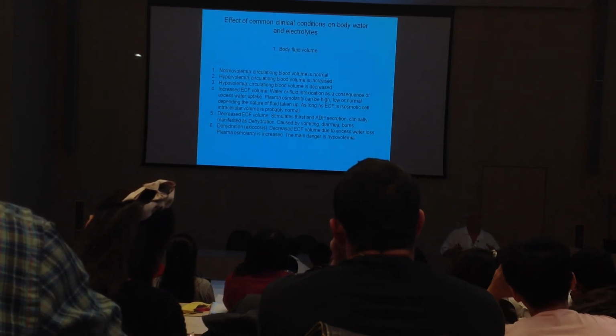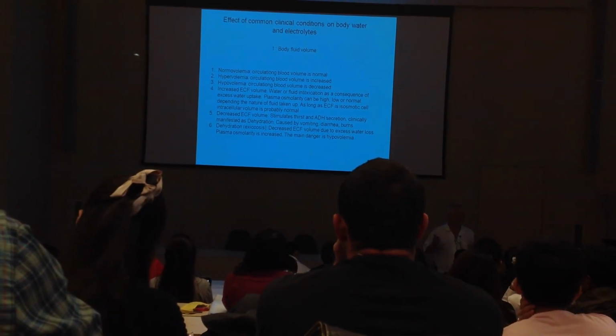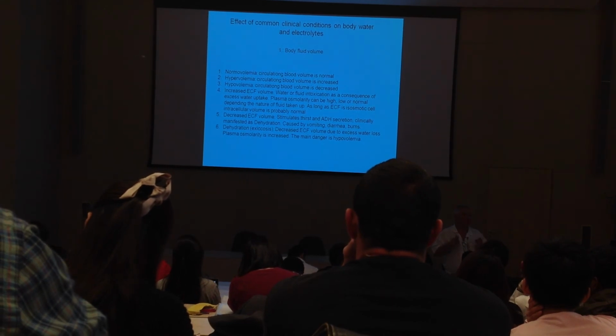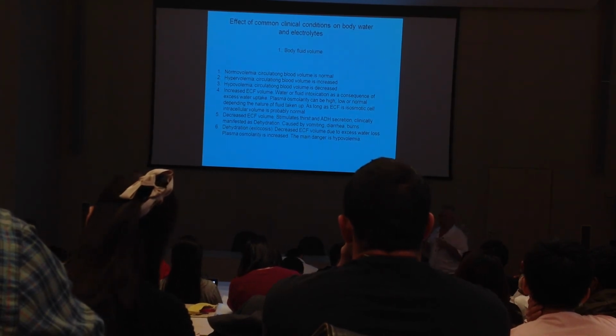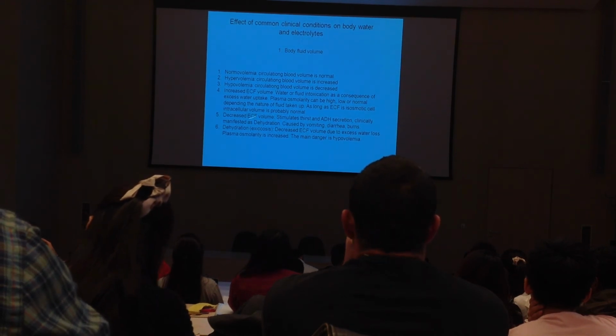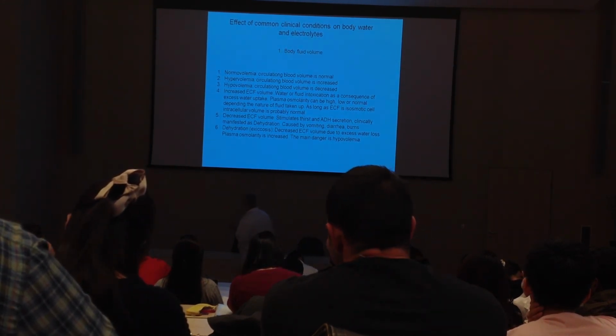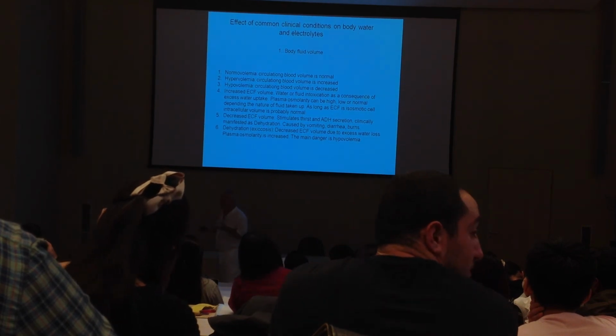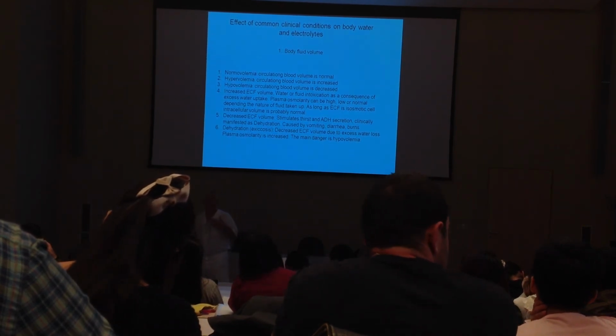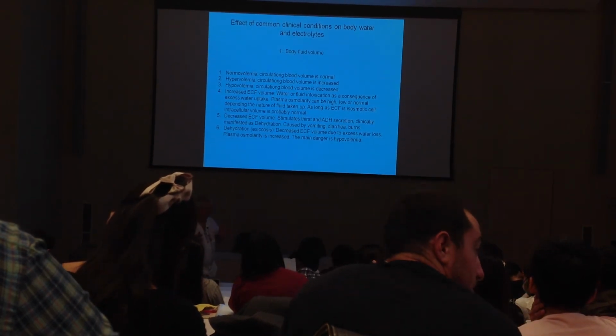When in medical practice we are talking about hypervolemia, this refers to the circulating blood volume. Only to the circulating blood volume, so not the total water content. When we are referring to the total water content, we are using the term extracellular fluid volume, which can be also increased, decreased, but it is sharply separated from the hypovolemia.